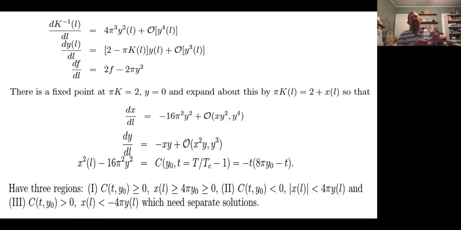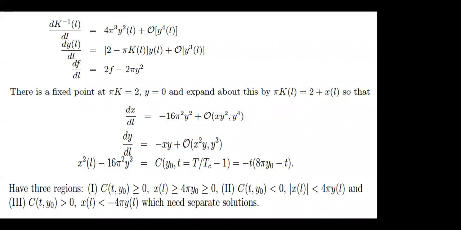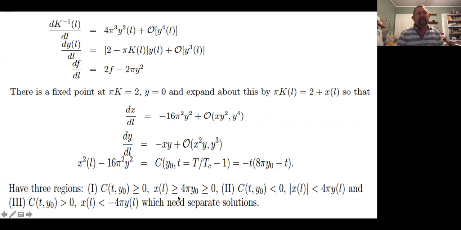So then we can integrate these two equations simply by dividing one by the other to get an equation dx by dy is equal to 16 pi squared y squared divided by xy. And that equation can be easily integrated to get x squared minus 16 pi squared y squared is equal to some integration constant, which we're calling c.